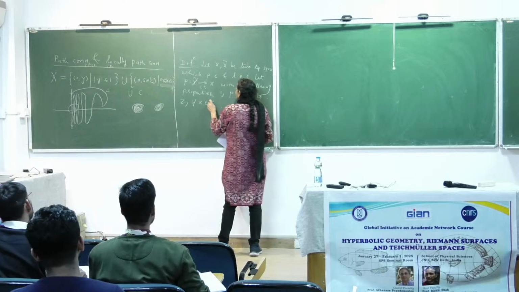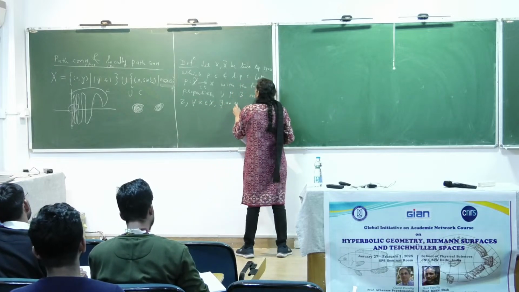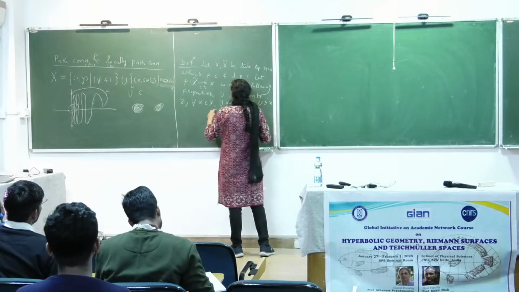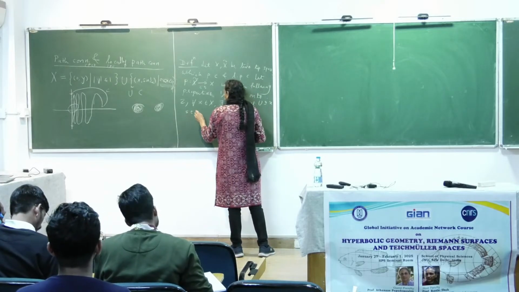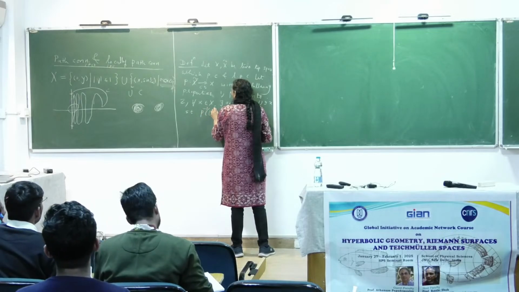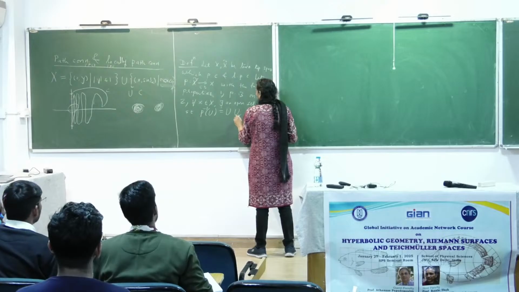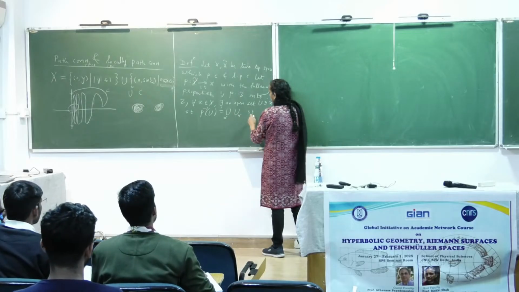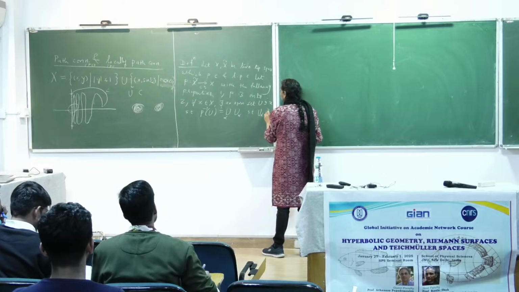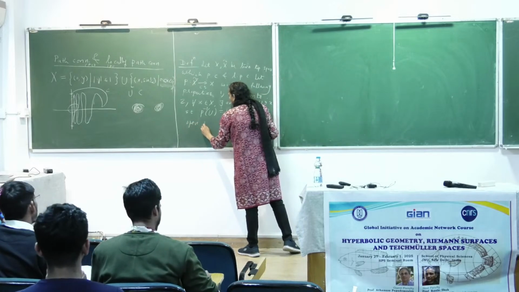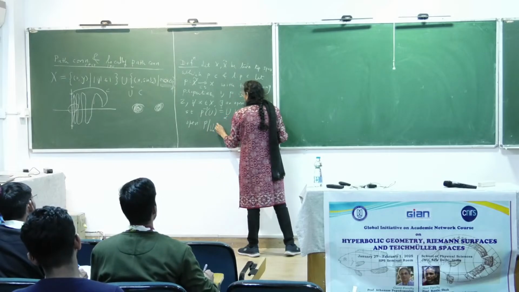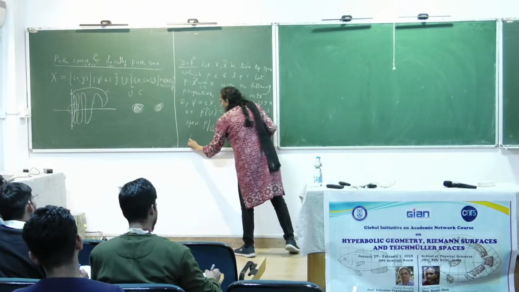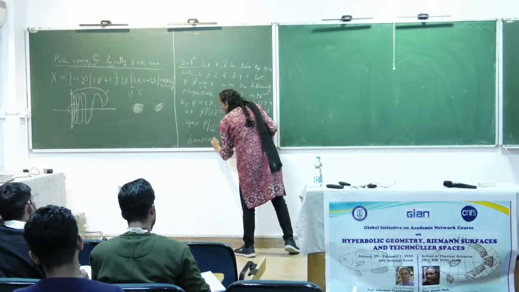For every x belonging to X, there exists an open set U which contains x, so open set in X, such that P inverse of U is a disjoint union of, let's say, U alpha, each U alpha is open, and if I restrict P to this U alpha, which will now go from U alpha to U, it is a homeomorphism for each alpha.